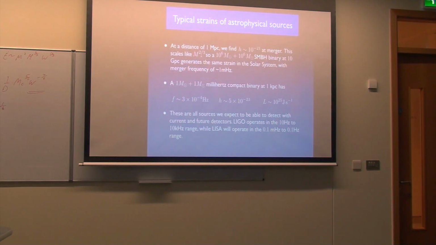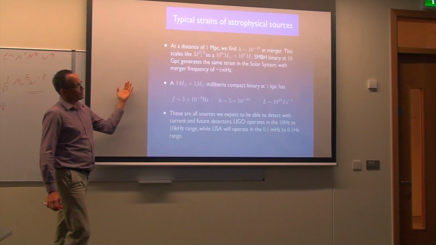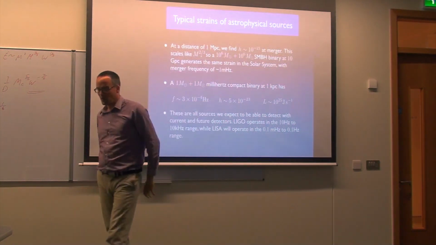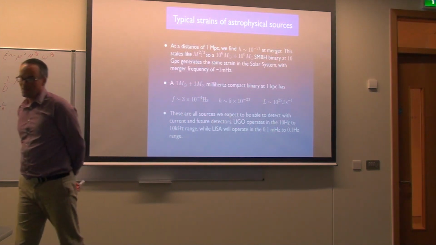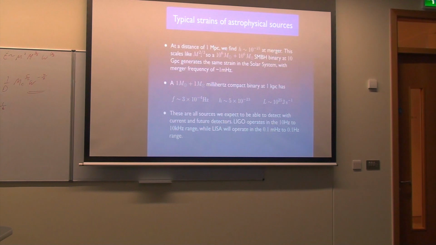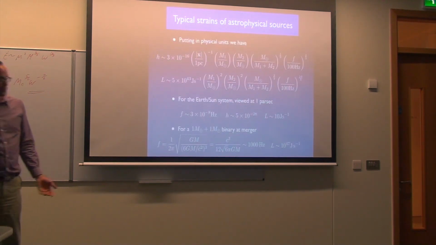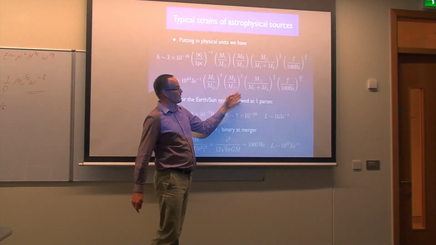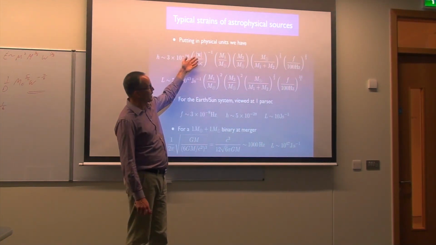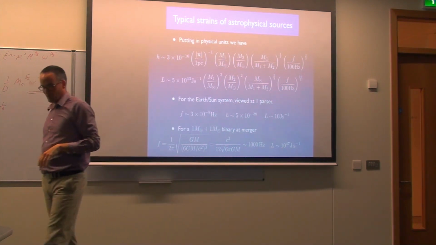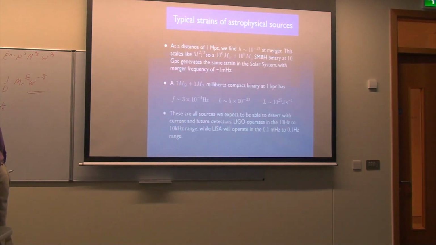Okay, so now to make sources more reasonable, if we put this 1 + 1 solar mass binary at a parsec, h is 10 to the minus 21 at merger. The merger strain scales like m to the 2/3 because of the scaling of the merger frequency, which scales like order of mass. And so you find that you're left with a factor of mass to the 2/3.